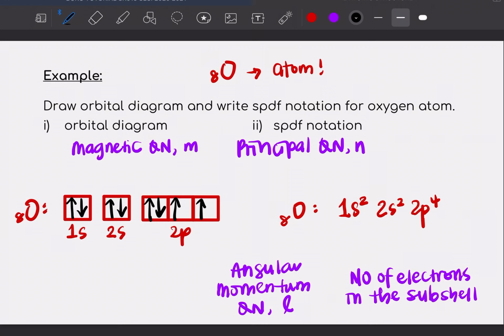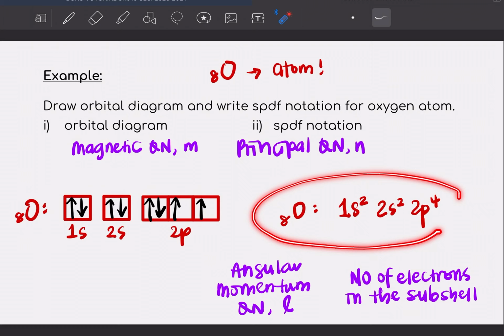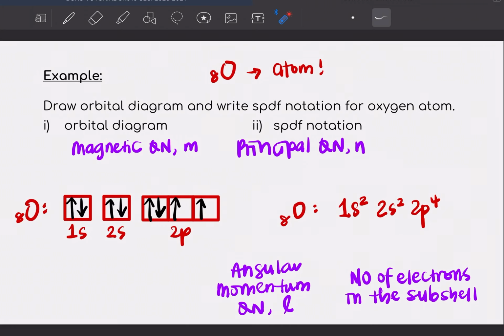So that is your orbital diagram, and your SPDF notation, I already wrote it beforehand. Is there anything wrong with it? Okay, nothing wrong.